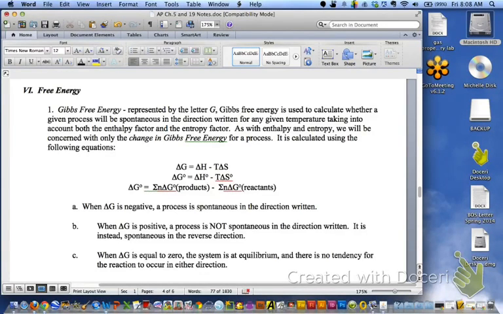The first thing we're going to do is go into our notes and look a little bit at Gibbs free energy.